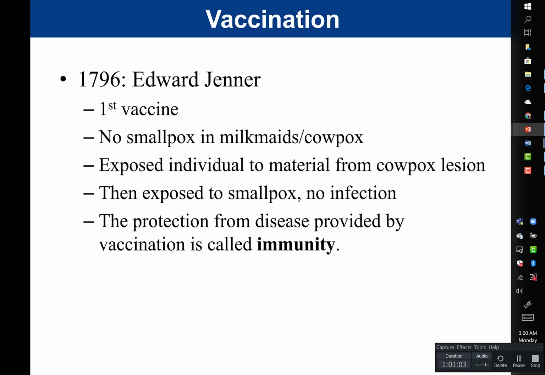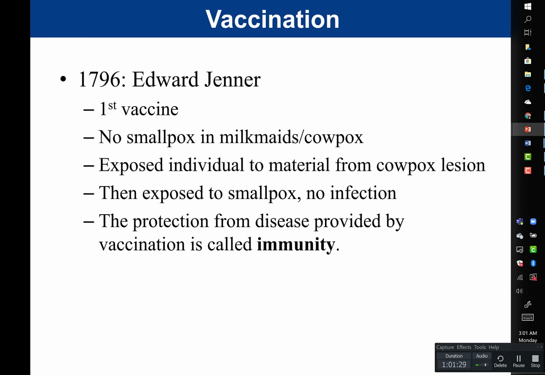So he exposed a healthy individual to the material from the cowpox lesion. And so the child then developed the cowpox, came down with a more mild form of the disease, and then exposed the child to smallpox and found that when exposed to smallpox, the child did not contract smallpox.